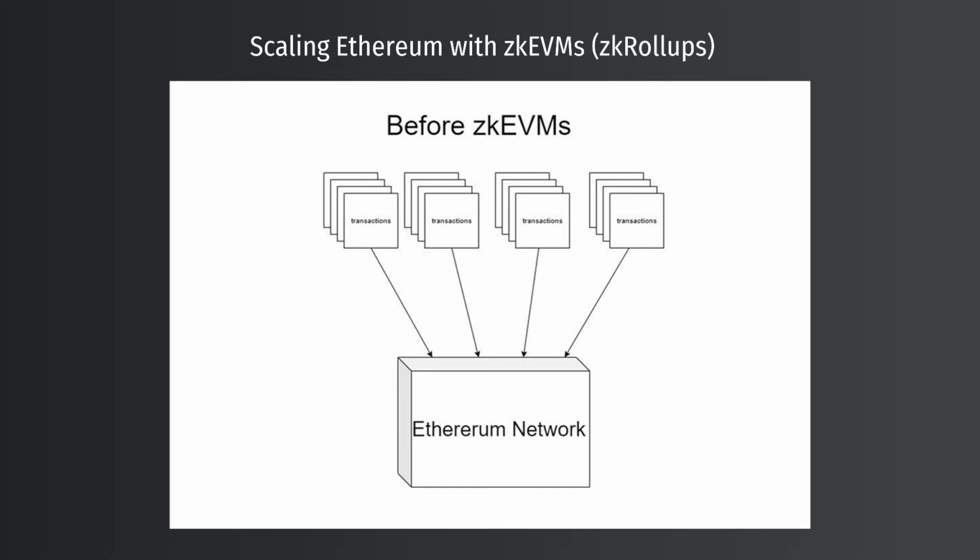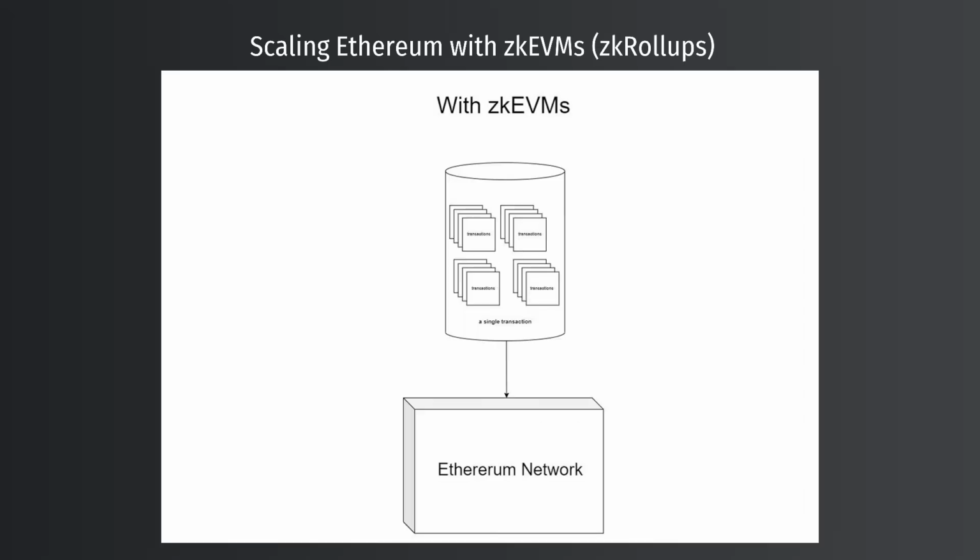But when we introduce zkEVMs and zk rollup scalability, we're able to batch all of those transactions into one single transaction, and then we send a proof of that transaction to the blockchain.